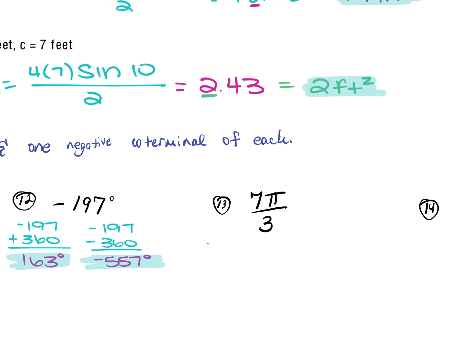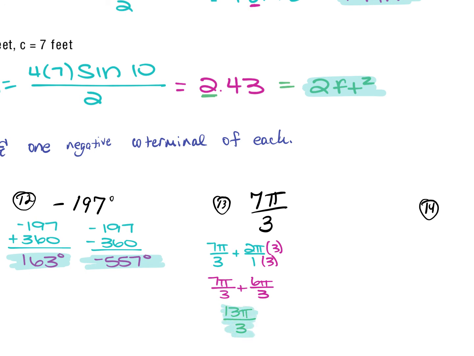So if we take that 7 pi over 3 and we add 2 pi to it, remember that 2 pi is over 1, you need like denominators. Multiply top and bottom by the 3 to give yourself 7 pi over 3 plus 6 pi over 3. Denominators are the same. Add your numerators, keep it over the 3. That gives you 13 pi over 3. That one is your positive.